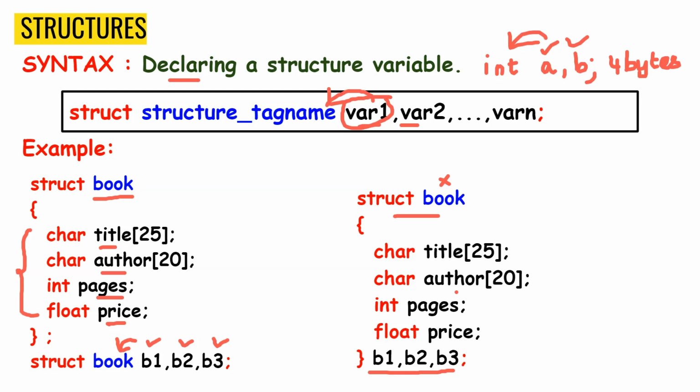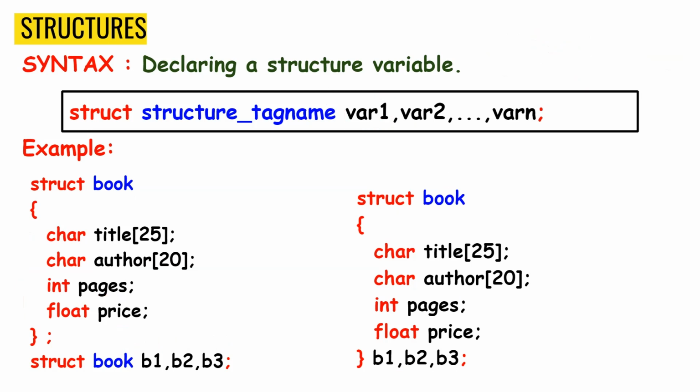Let's see how much memory space will be allocated for the structure variables B1, B2 and B3. First we will consider B1. B1 is a structure variable of the structure type book. The structure member title needs 25 bytes, as it is a character array: a character needs 1 byte and the size of the array is 25. The next structure member needs 20 bytes, since it's also a character array.